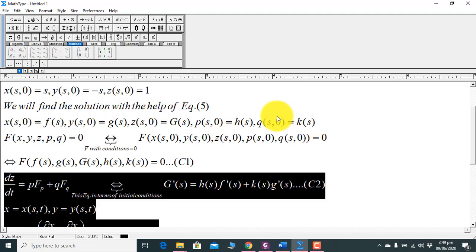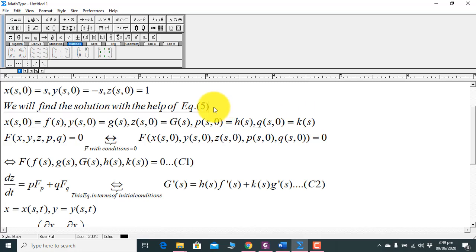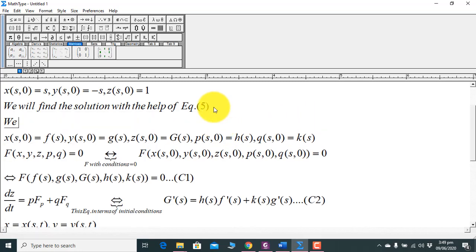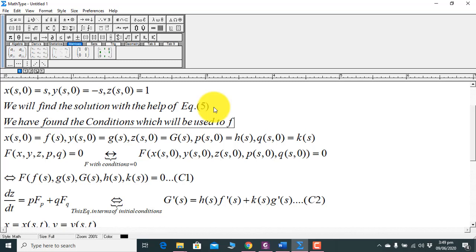From there we have found the formula, or the conditions, which will be used to find the conditions for p of s comma 0 and q of s comma 0.